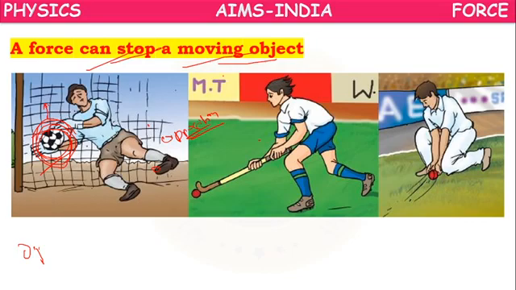If it goes into the goal, the opposition team will get 1 point. That's why the goalkeeper is trying to stop the ball.